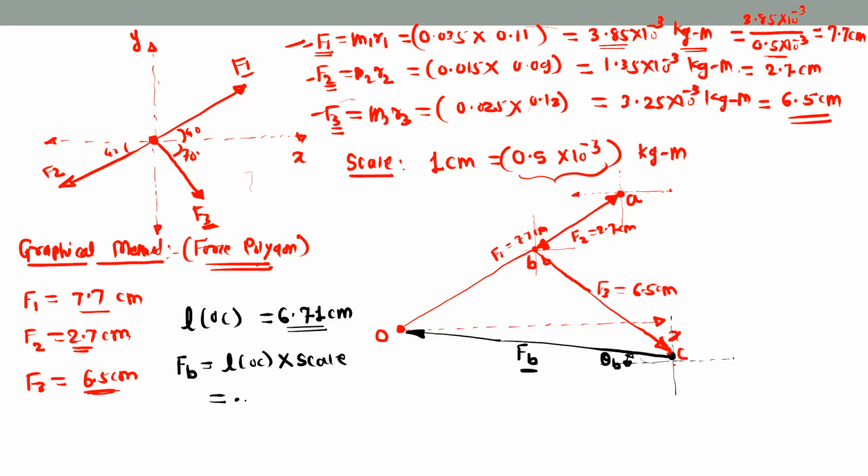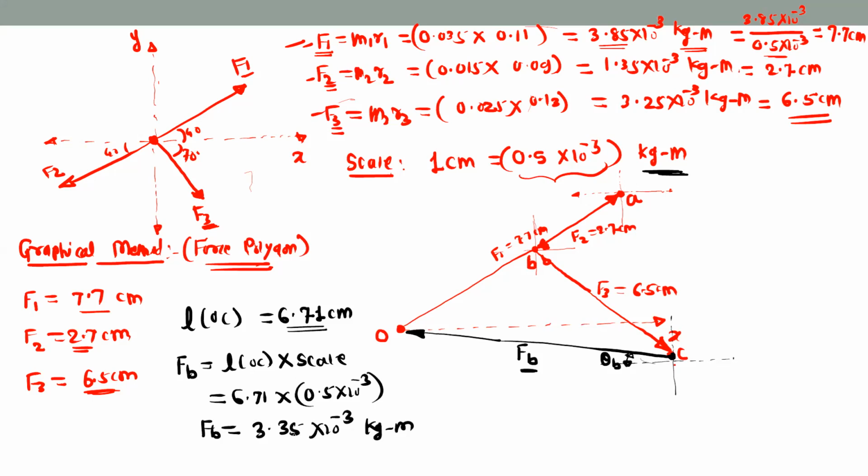So this is equal to 6.71 into 0.5 into 10 raised to minus 3. So this is the scale. So this is equal to 3.35 into 10 raised to minus 3 kg meter. Okay, because the scale unit is kg meter. So this is the balancing force.